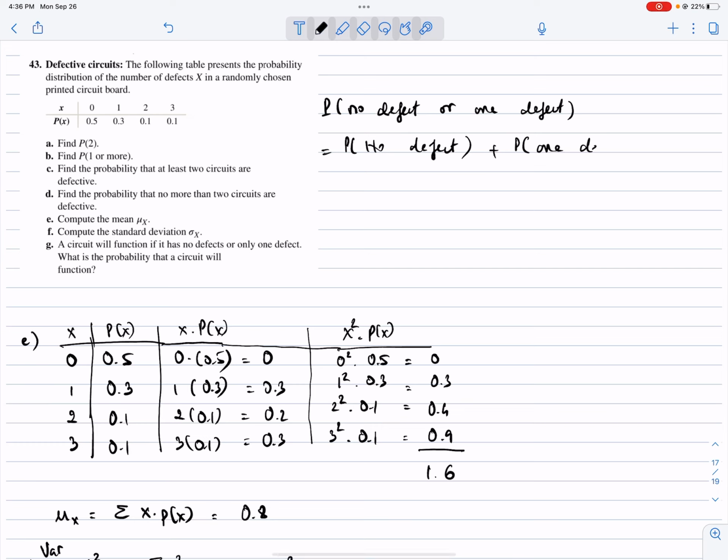You know that there's nothing in common between them, so we don't have to do the subtraction. You recall the probability of A or B is equal to the probability of A plus the probability of B minus the probability of A and B. We do not have this last part because they cannot happen together. So no defect, that means 0 defects, is 0.5, and 1 defect is 0.3, and the total is 0.8.